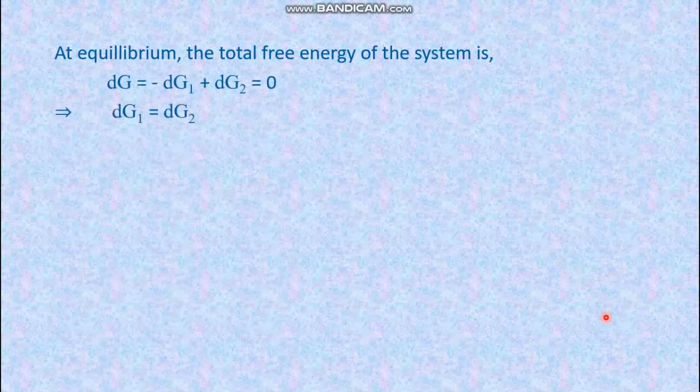At equilibrium, minus dG1 plus dG2 should be equal to 0, because at equilibrium dG1 is equal to dG2. So the right hand sides of these terms, dG1 and dG2, would also be equal.